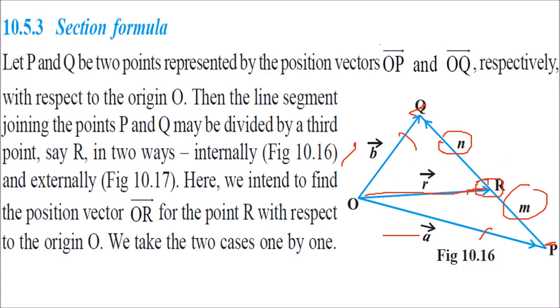So here we see, what is this R? This is equal to A plus this one, B plus R is this. And what about the original triangle OQP? A plus B. And so this will become A plus B by M and this will become A plus B by N.